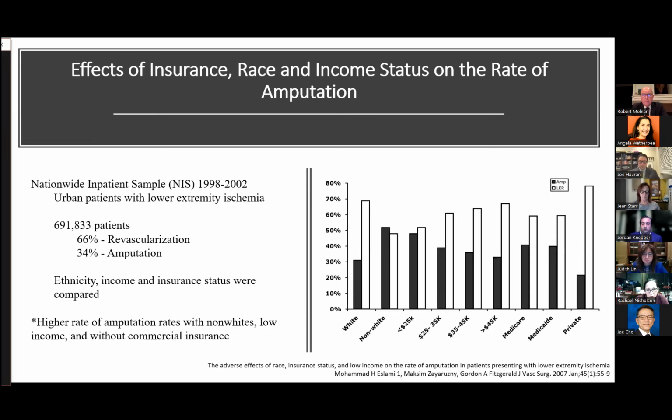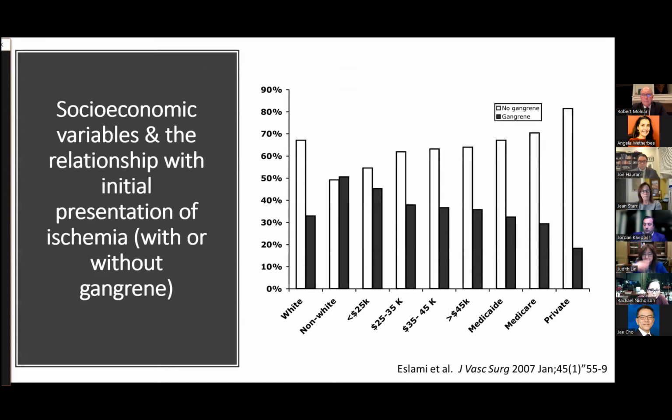The figure on the right side of the screen shows amputation rates in Black and lower extremity revascularization in white, with the columns categorizing by ethnicity, income, and insurance status. Higher rates of amputation were found among non-whites, low income, and those without commercial insurance. The rates of amputation were also noted to be inversely proportional to increases in income.